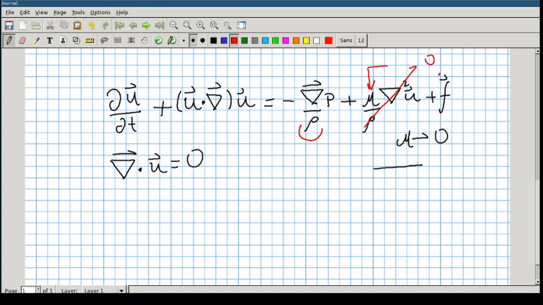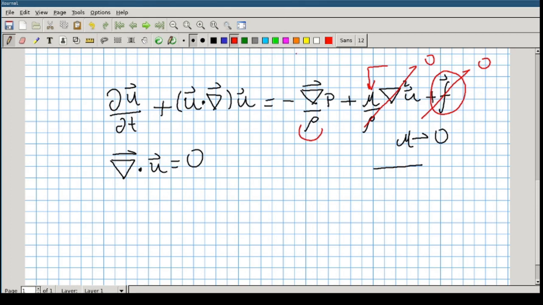This term here is an external force like gravity, also called a body force, that is exerted on the fluid. So if we say that we don't have a body force or an external force, or that this force could be ignored, then you are left with an Euler equation in response to a pressure gradient here.